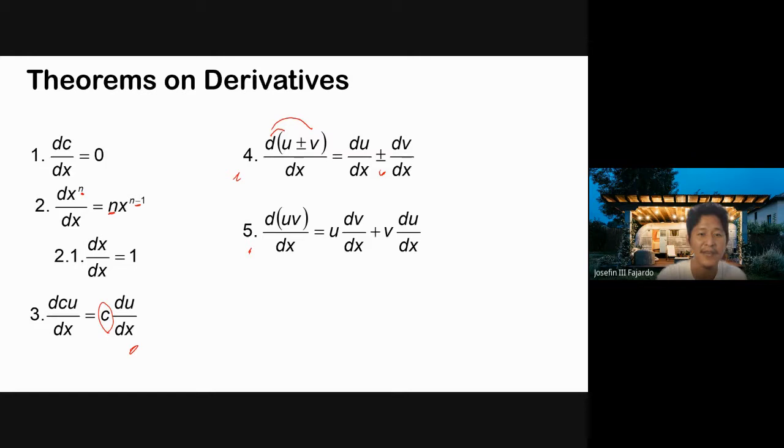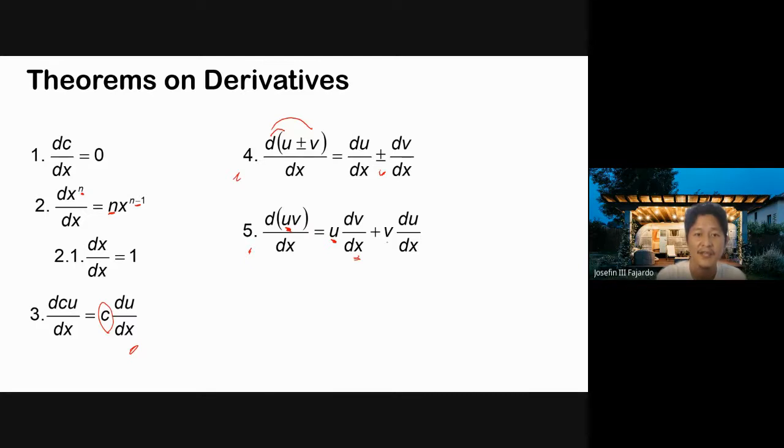Pero ito, dahil hindi na constant yung dalawa, notice what they do here is, first is we copy the first factor, kopya lang, as in the same. And then we now multiply with the first factor, yung derivative ng unang factor.